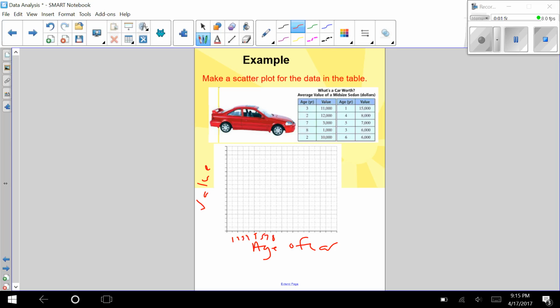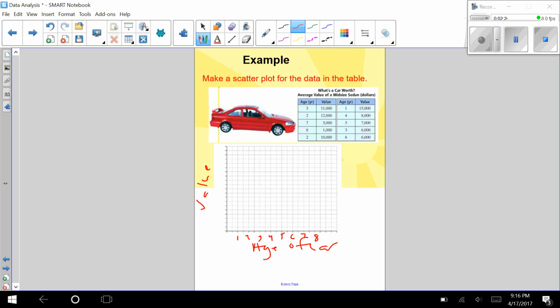That seems a little cramped. Let's try again. Let's make every other line worth 1. Perfect. Now we have to get up to 15,000.